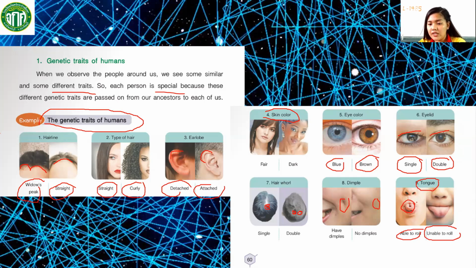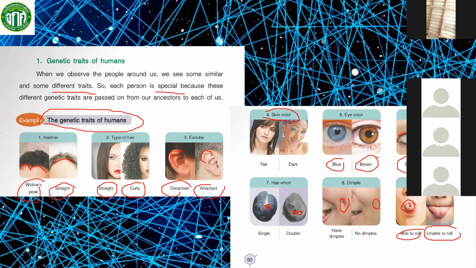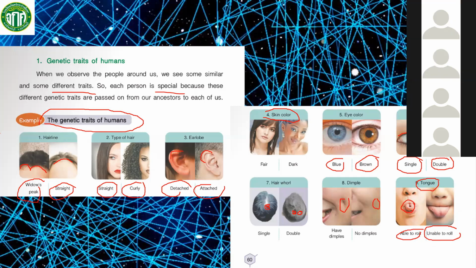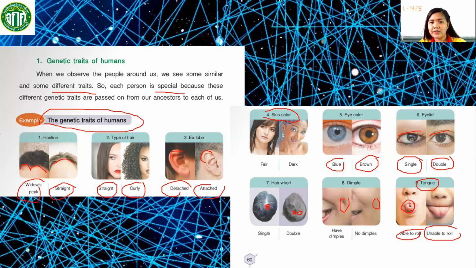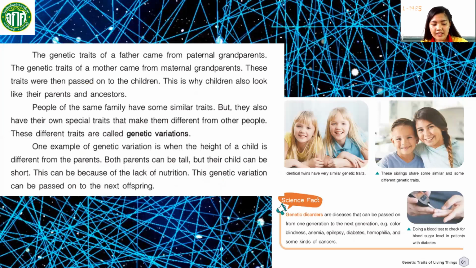So these two are different. How about you? Can you roll your tongue? Yes or no? Yes. Okay, so you are able to roll your tongue. But other people cannot. Okay, let's go to page 61.